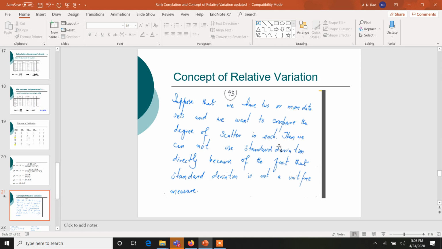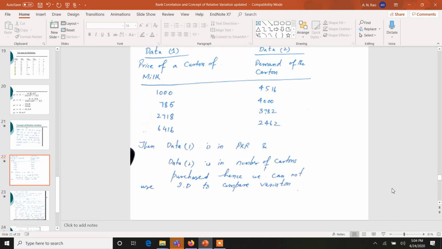So this is an example where, due to data inherent factors, the two data sets become so different that we cannot use standard deviation for comparison of variation. To cut short, you should never use standard deviation for comparison of variation in two or more data sets.